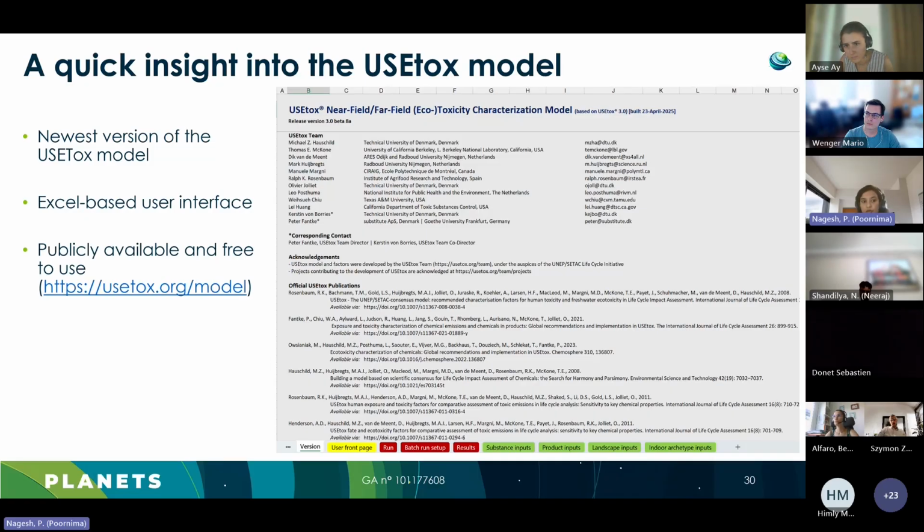They also have a lot of guidelines in the documentation, user manual on how to use it, and also elaborate tutorials on use of the USEtox model if you're interested. And like I mentioned in the beginning, the purpose of the USEtox model is for life cycle impact assessment. So it is compatible with current life cycle assessment workflows, and it is also very much used for the SSbD.